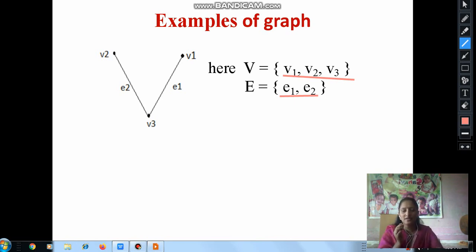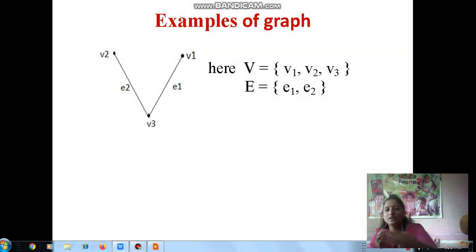That means here the edge E1 is incident on vertices V1 and V3, and the edge E2 joins the vertices V2 and V3, which are unpaired vertices joined by the edge E2. And here V1 and V3 are unpaired vertices which are paired with the help of the edge E1.